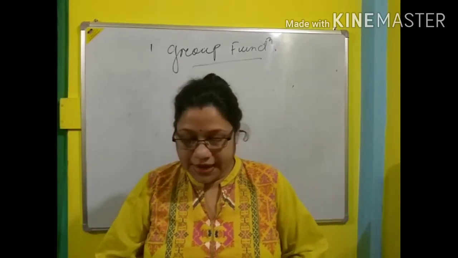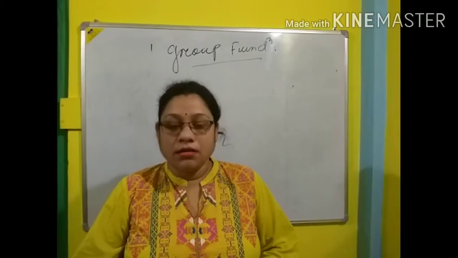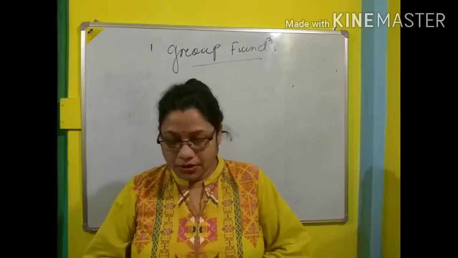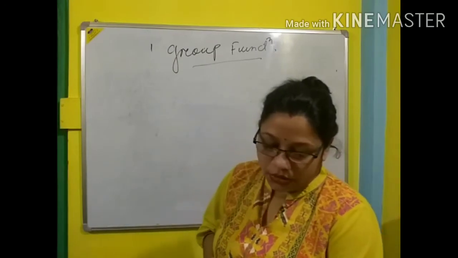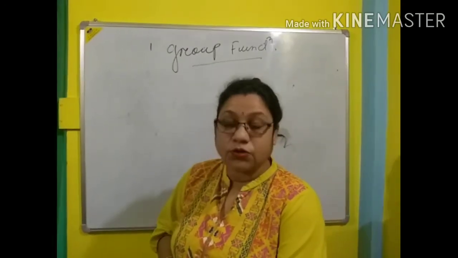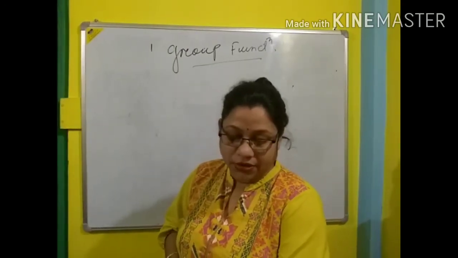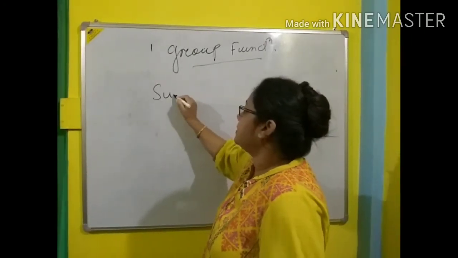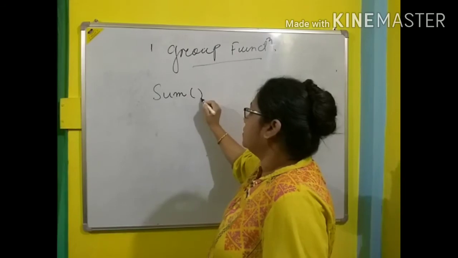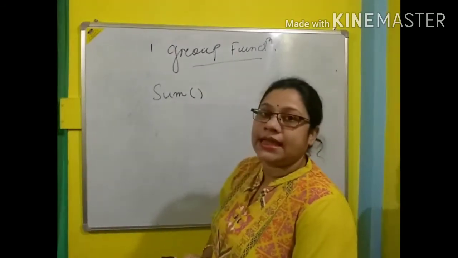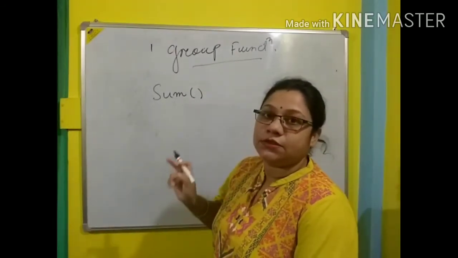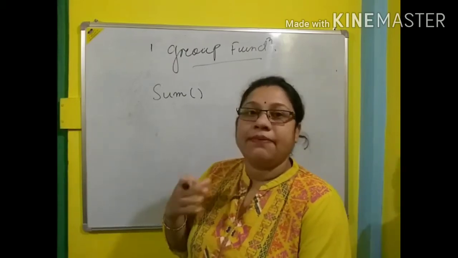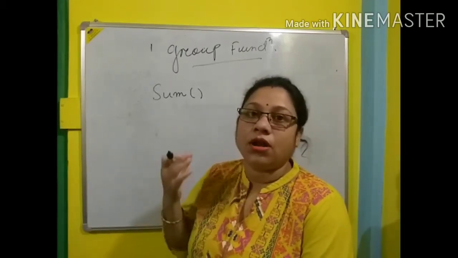Okay, so there are many group functions available in MySQL. There is a table in your book, that is in figure number 12.5. You can notice the first function we have, that is sum. Sum, as the name suggests, is going to sum the values of a column.